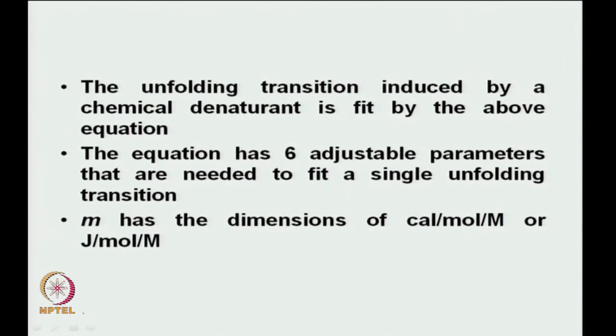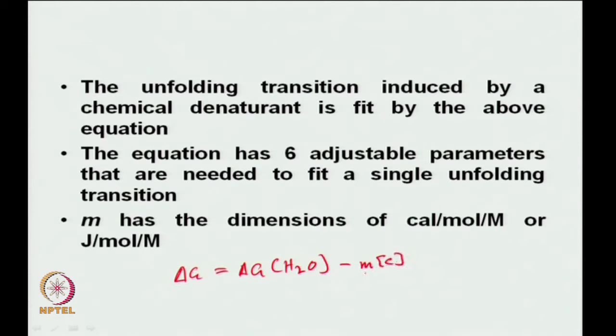Now, m has the dimensions of calories per mole per molar concentration of a denaturant, and that is very straightforward to look at. So, what was your delta G? Your delta G observed was equal to delta G H2O, right, minus m times concentration.